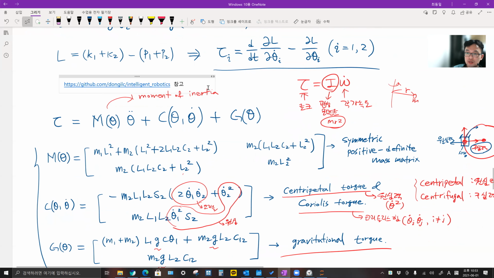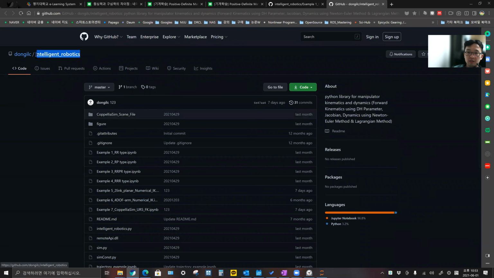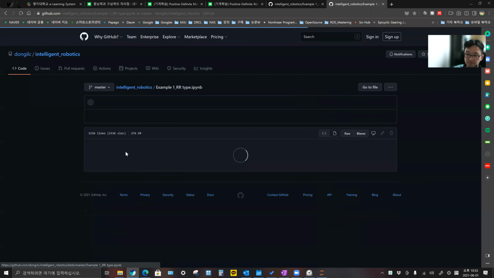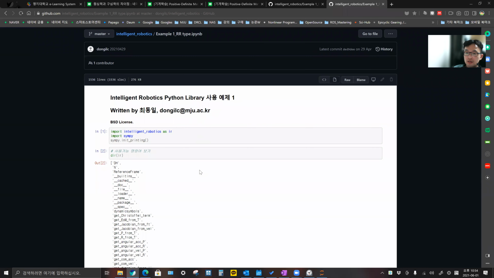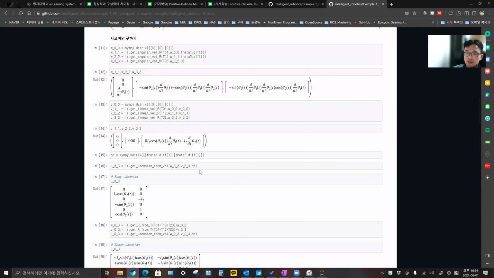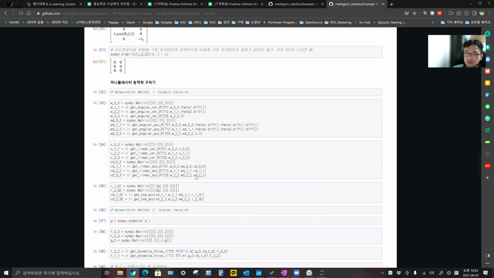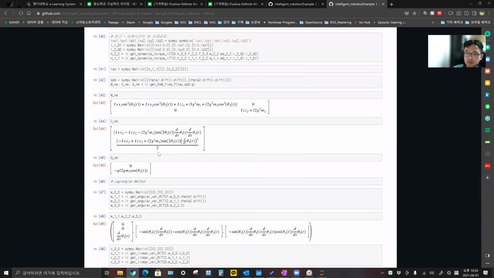So I hope you see this site. In my intelligent robotics library, there is example 1, R type robot. In here, I used the Newton-Euler method to calculate the dynamic equation.